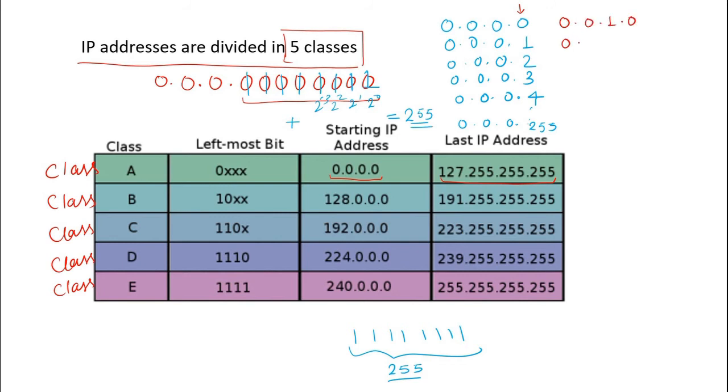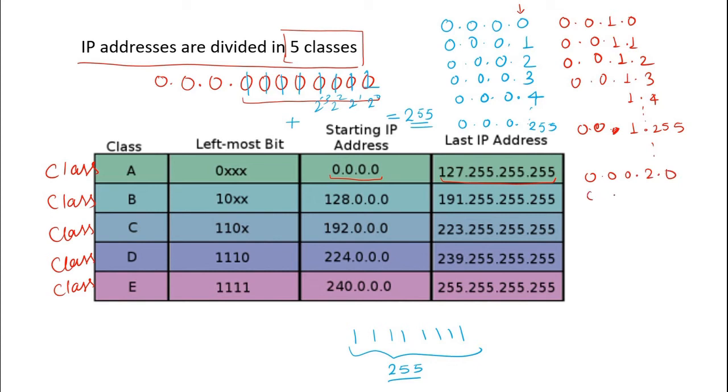What will be the next IP? 0.0.1.1. Then 0.0.1.2, 0.0.1.3, 0.0.1.4, and it will continue up to 0.0.1.255.